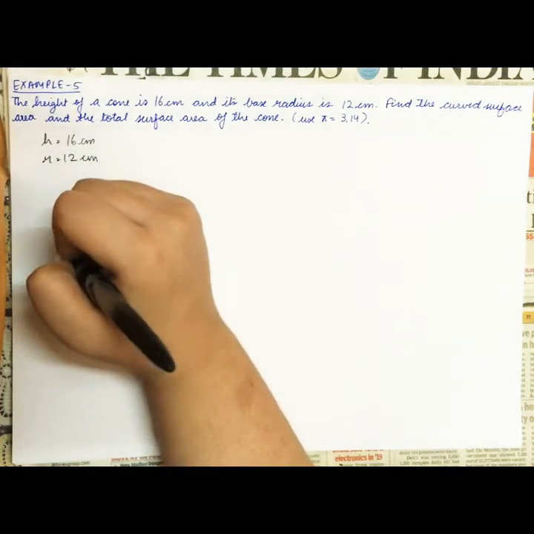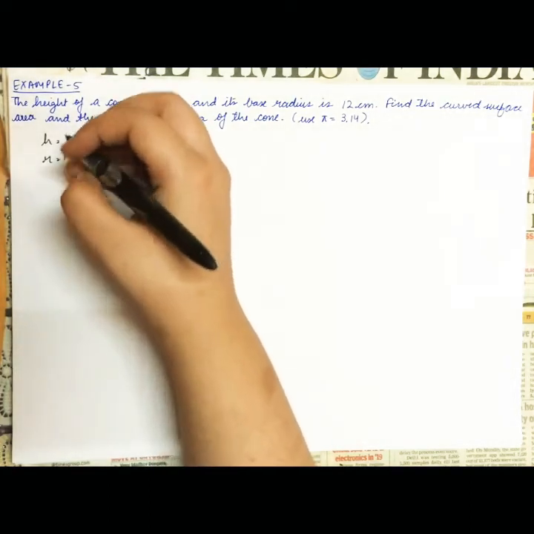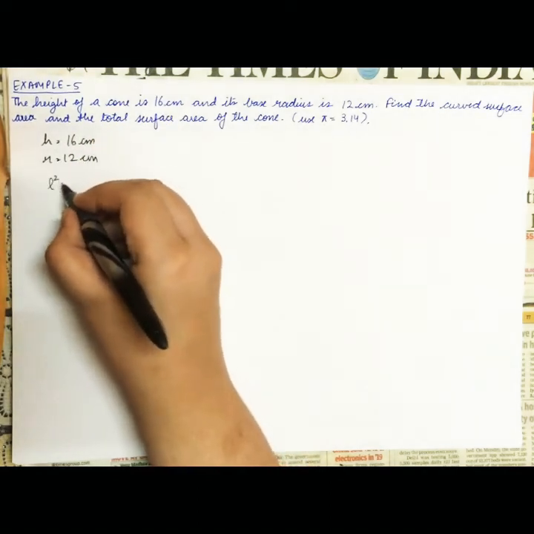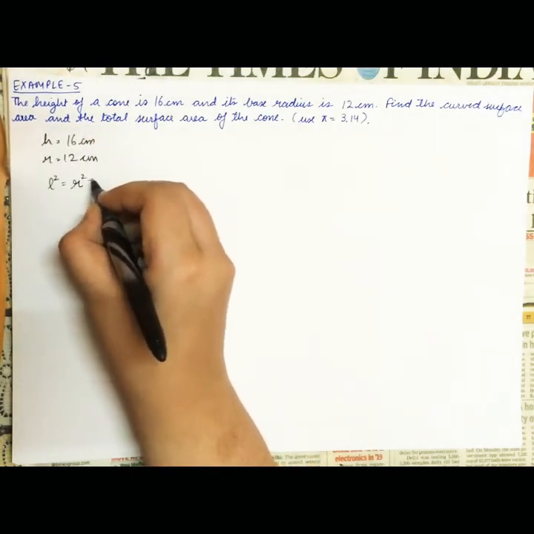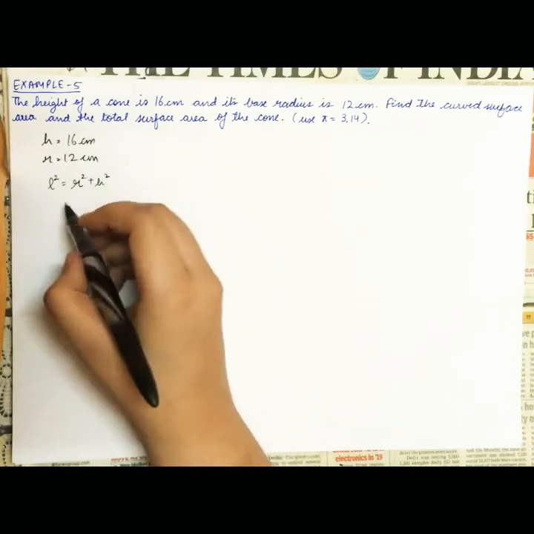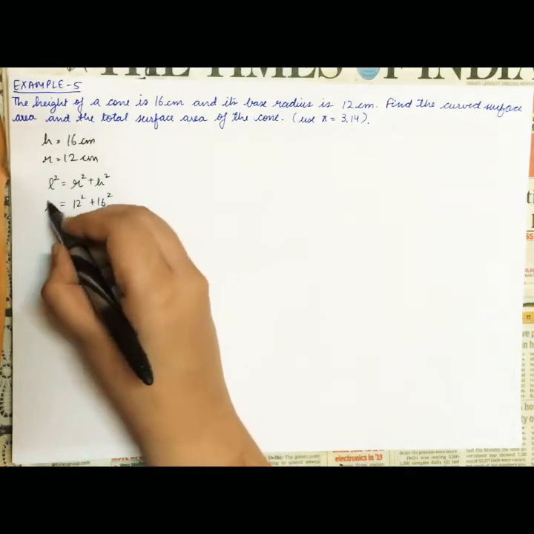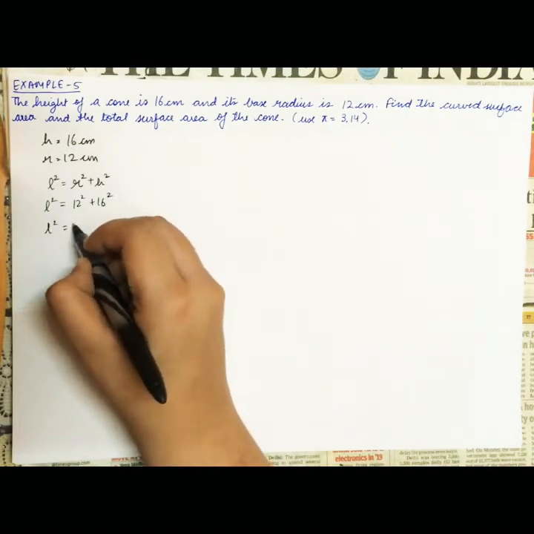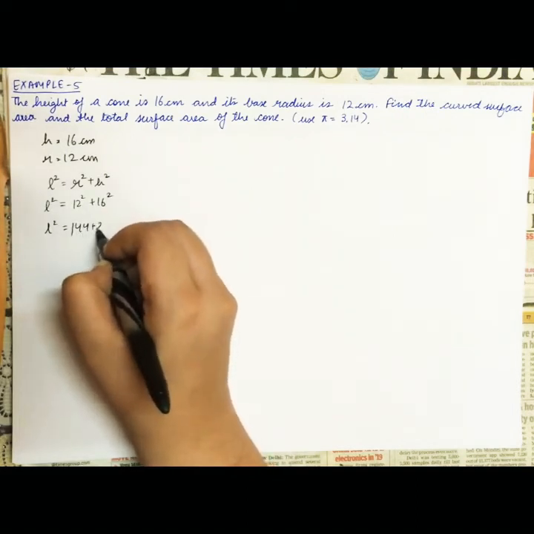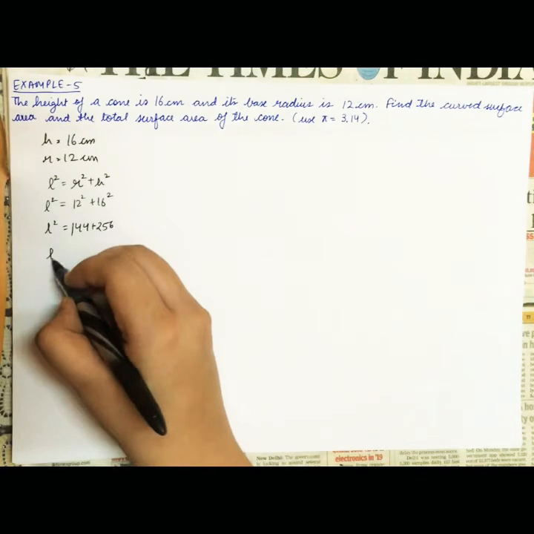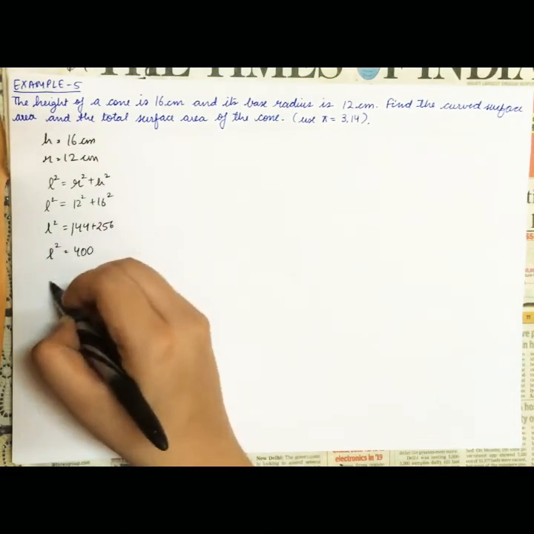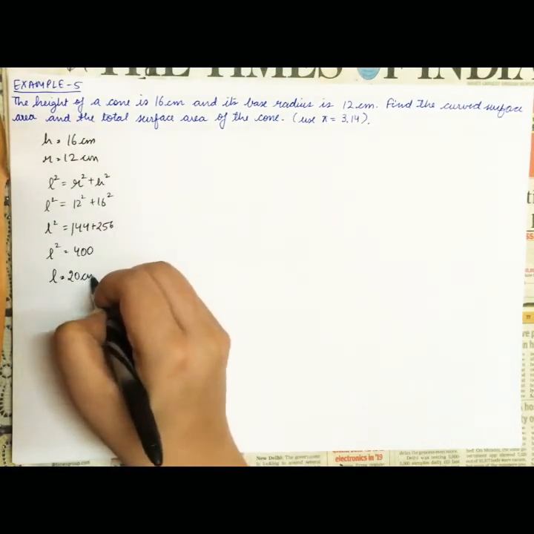Now for the formulas, we have to find the value of slant height through L square is equal to R square plus H square. We'll put the values, that are 12 square plus 16 square. Therefore, L square is equal to 144 plus 256. L square is equal to 400 and L is equal to 20 centimeter.